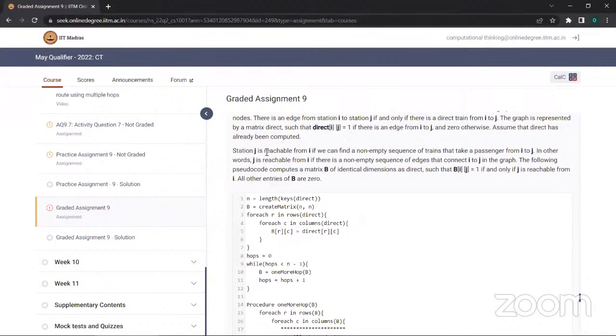Station J is reachable from I if we can find a non-empty sequence of trains that takes a passenger from I to J. So this means a reverse train in that sense, right? If there is some sequence which takes you from I to J, then you can assume that J to I also exists, right? Yes, sir. Okay. In other words, J is reachable from I.